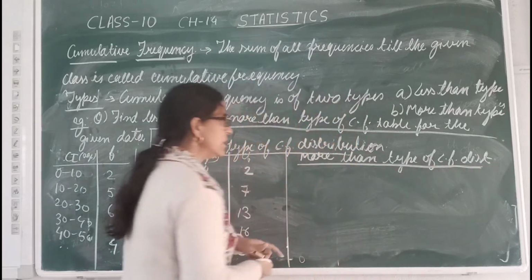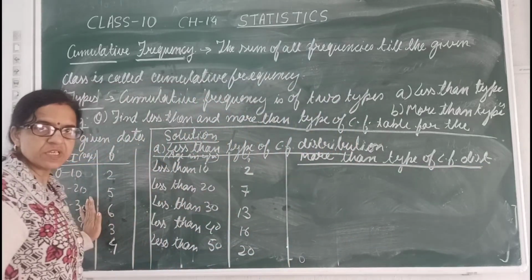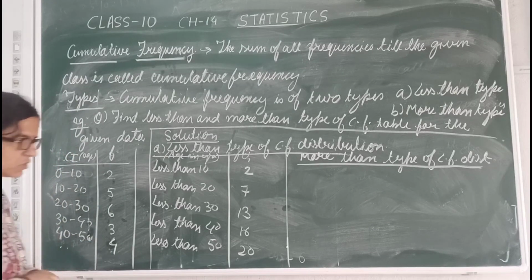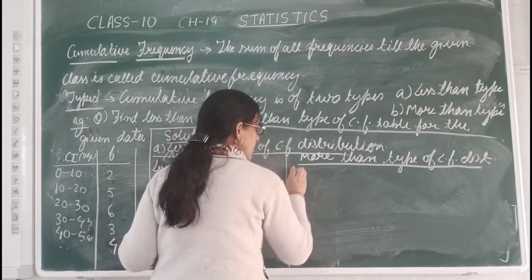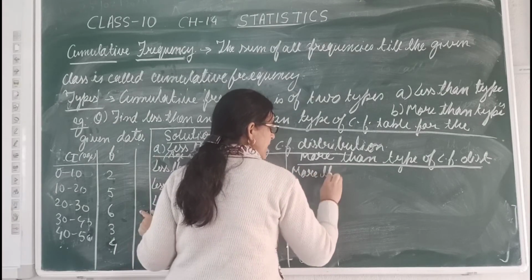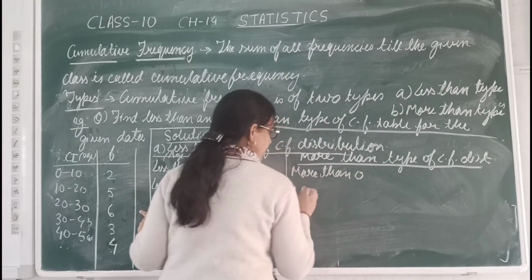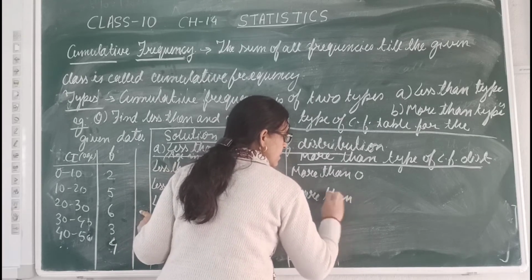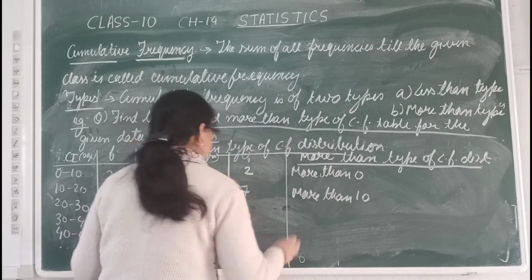Now in this, what do we write? We write the lower limit of each of the class intervals. Now the lower limit is 0, 10, 20, 30, 40, and so on. So we will be writing more than 0, more than 10, and so on.